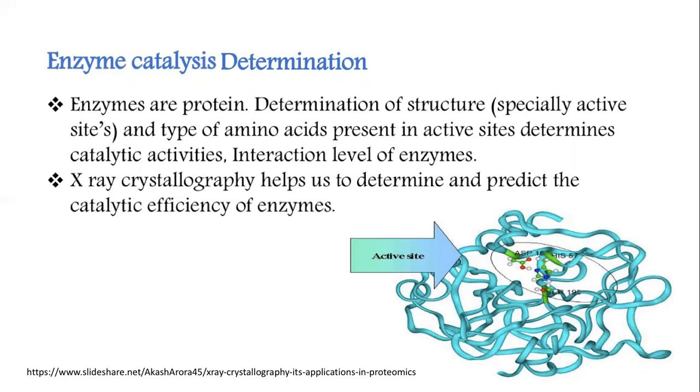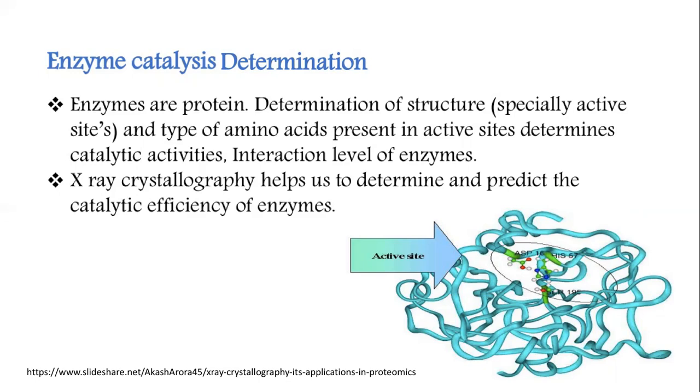And the determination of the structure and type of amino acids present in the active sites truly determines how the catalytic activity takes place and the interaction level of enzymes with their target molecules. And this again helps us predict how efficiently an enzyme will have its catalytic activity given a particular situation.